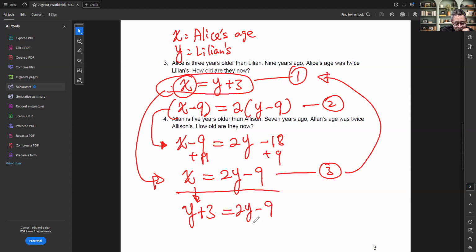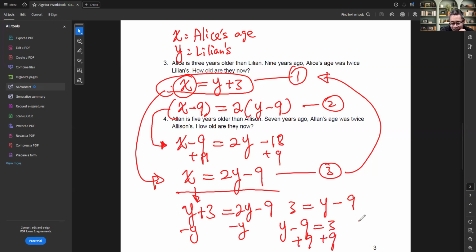If we subtract y on both sides, we get 3 equals y minus 9, and we can write that as y minus 9 equal to 3. We just add 9 on both sides. So y is 12. If that's the case, we know that x is y plus 3, which is 15.